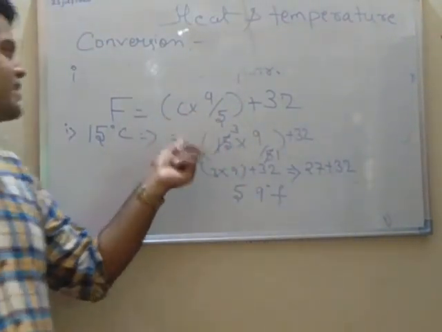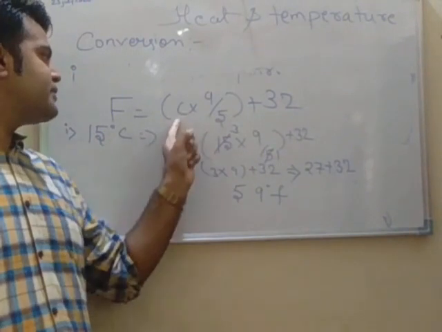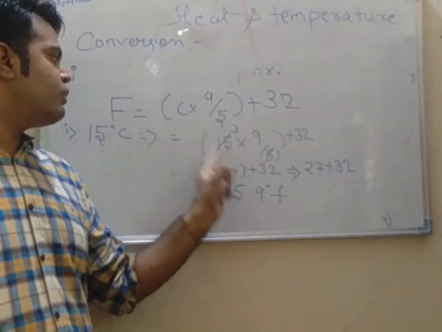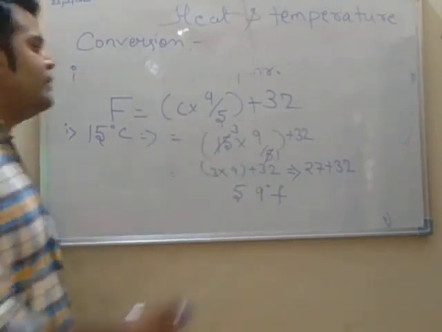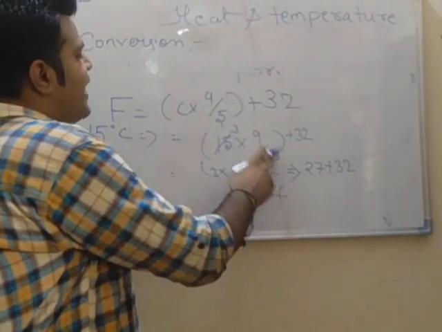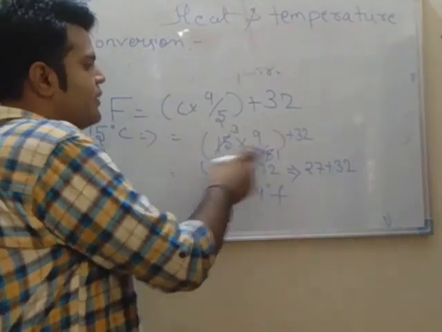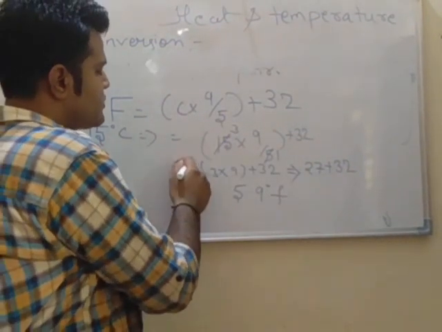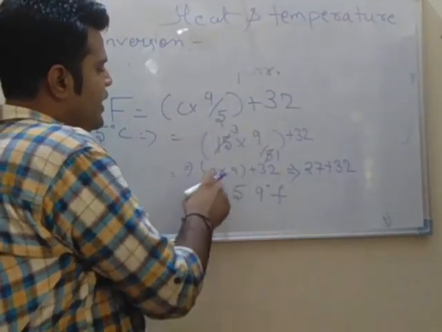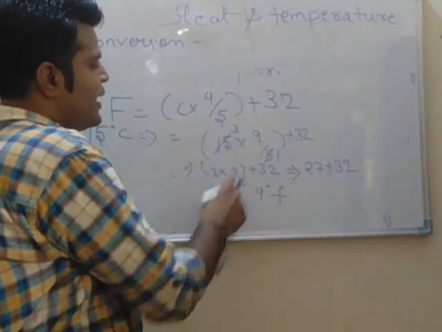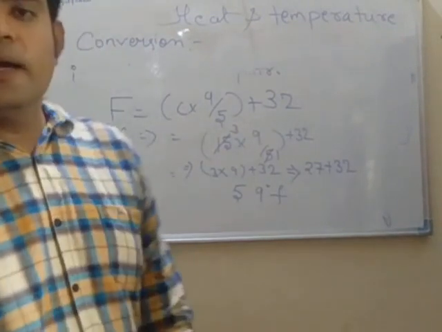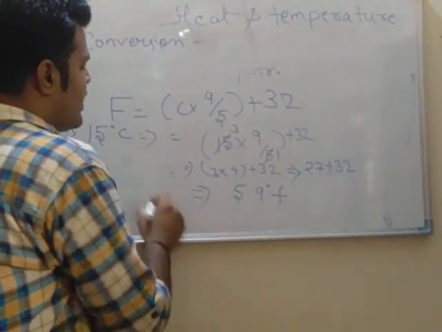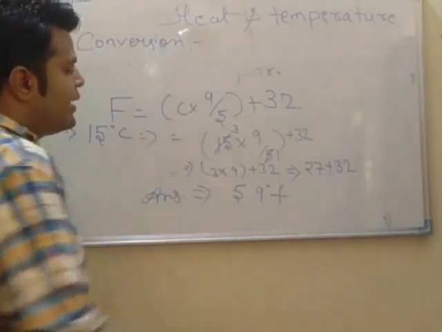What have we done in this? What was the temperature given? 15. So instead of C, we wrote 15. Then 5 ones are 5, 5 threes are 15, so here it comes 3 into 9 plus 32. 3 nines are 27, and 27 plus 32 is 59. The answer comes 59 degree Fahrenheit.